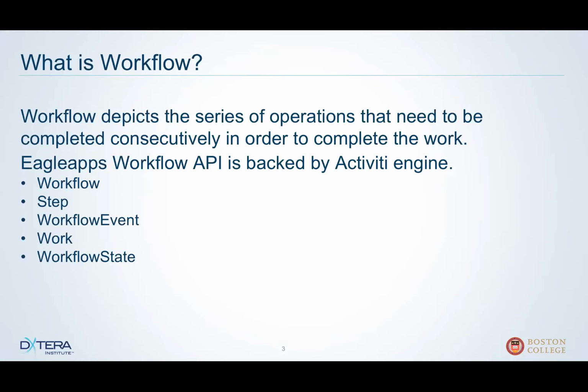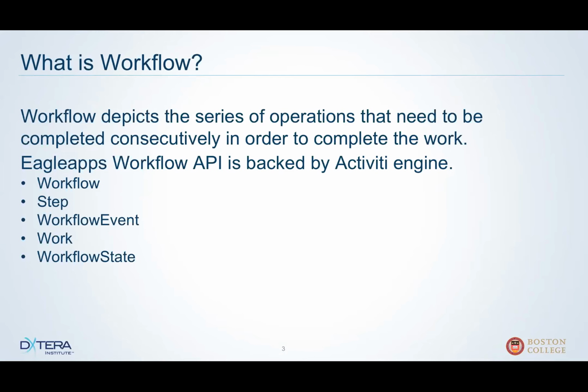And a step is nothing but what are we going to execute in that particular step? Like, is it a person that needs to approve? Is human intervention required, or is it a system that automatically executes something at that particular step?